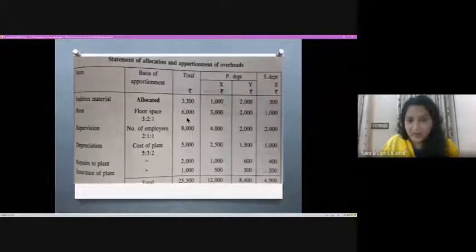So we know that the expense which would be going for X, right? We know we have to keep this ratio while allocating the expenses to different departments. Here we can see that 6000 is being proportionately allocated to the production departments as well as the service department in the ratio of 3:2:1.